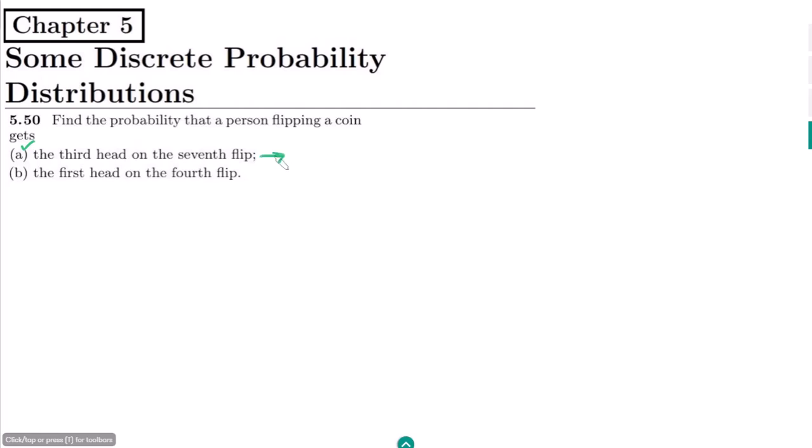So the first part is related to the negative binomial distribution.